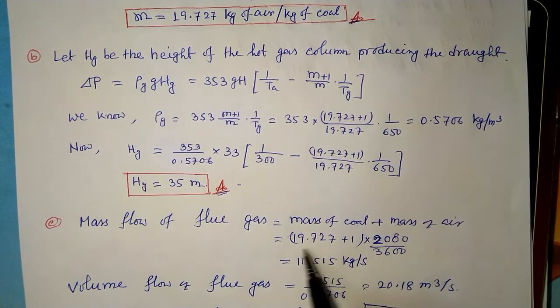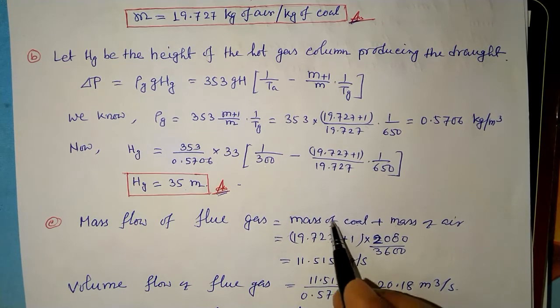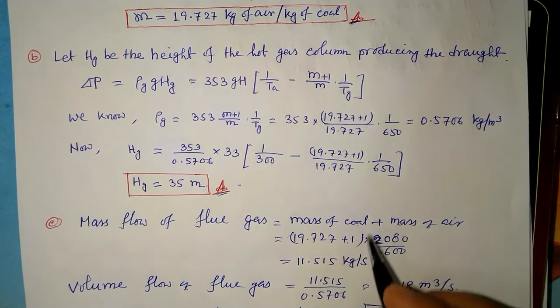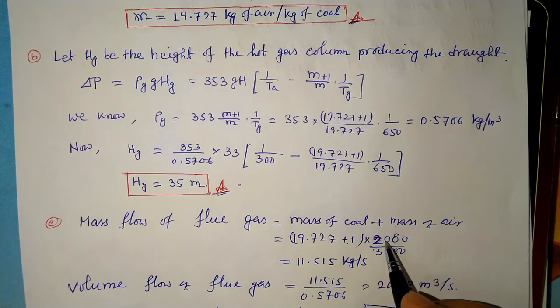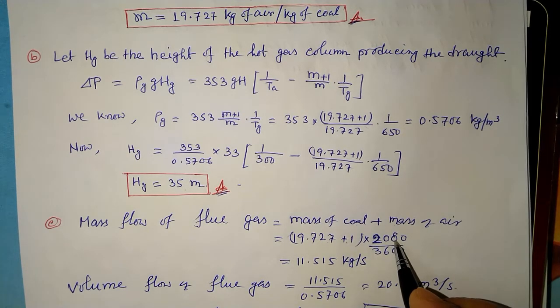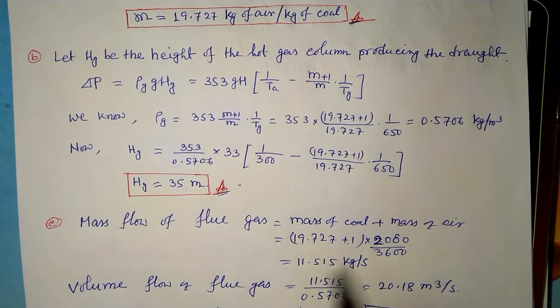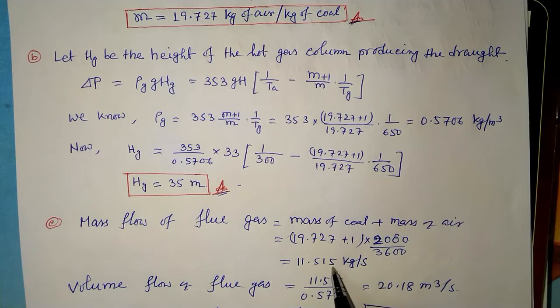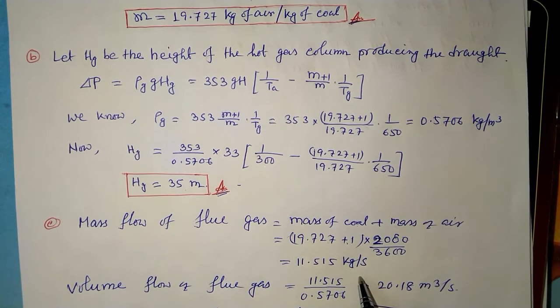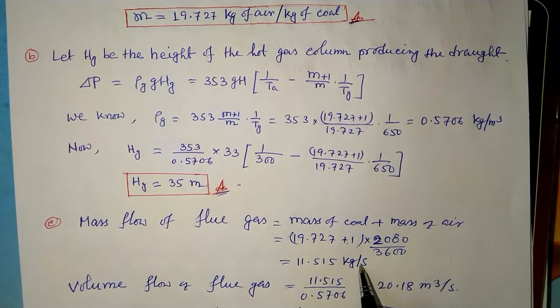Mass of air is 19.727 plus mass of coal is 1, and the total coal supplied is 2000 per hour. So 2000 by 3600, this is kg per second. So we got 11.515 kg per second. This amount of flue gas is flowing in 1 second.